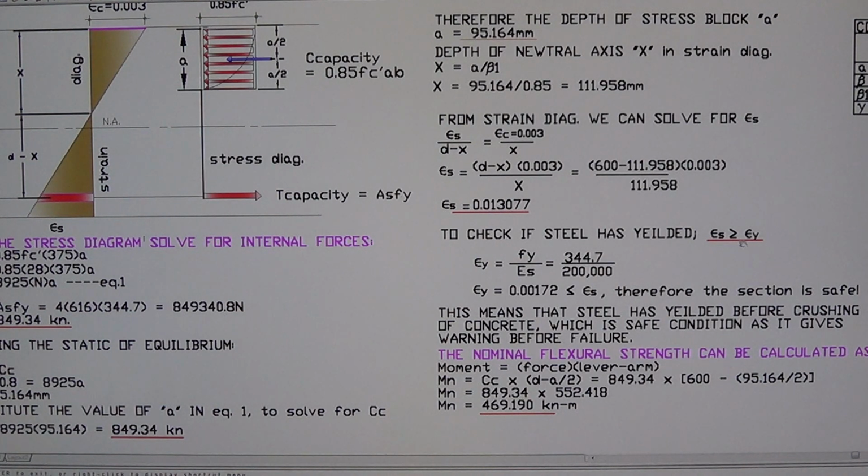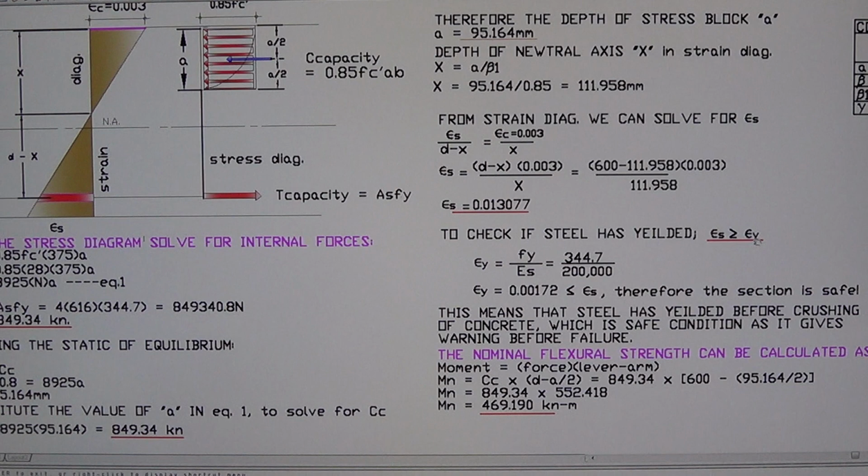That value of strain should be less than the strain of the steel, so you can make an assurance that the steel has yielded, because without this the steel did not yield.